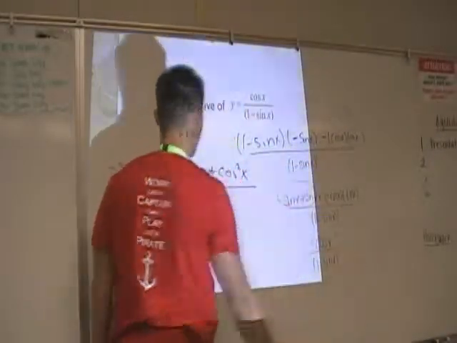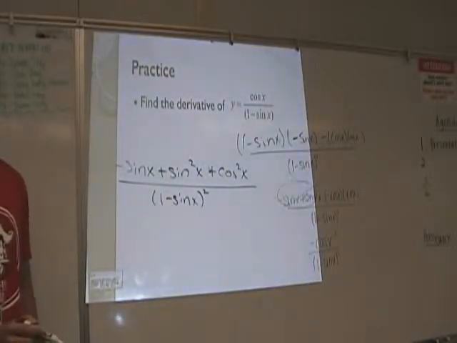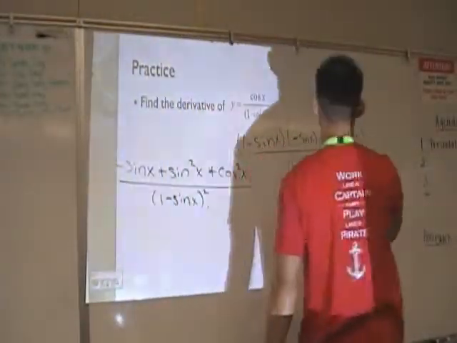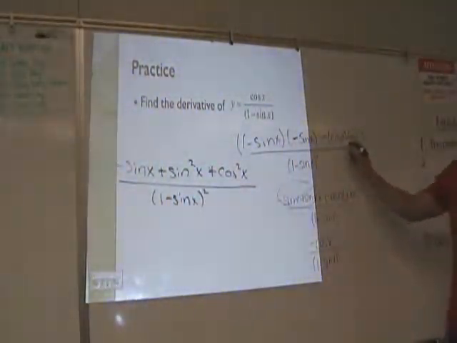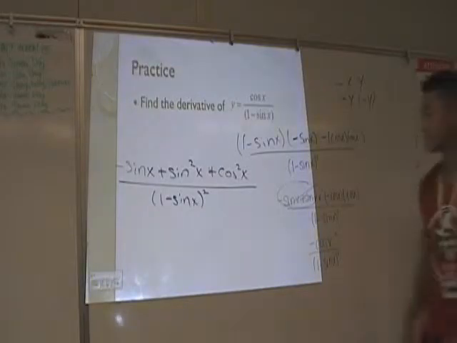Negative cosine times negative cosine. Don't you distribute the negative? The negative ends up being positive. Okay, so you don't distribute it to everything because you're not adding these two. You're multiplying. So let's say negative x times y. Is that the same thing as negative x times negative y? No, right? So it's just there.